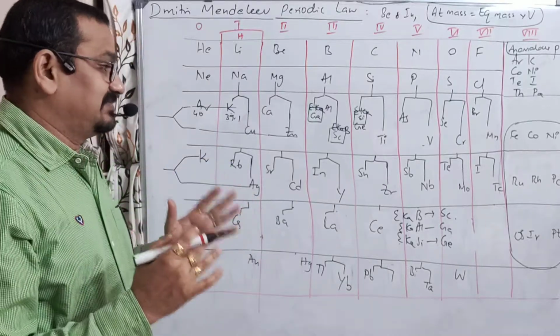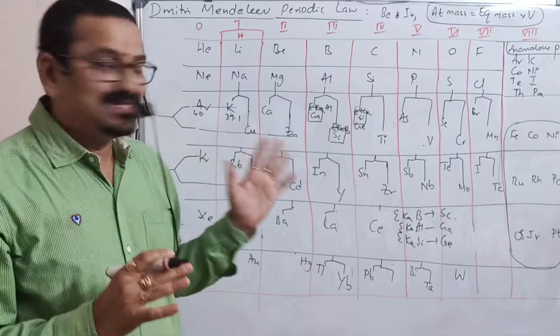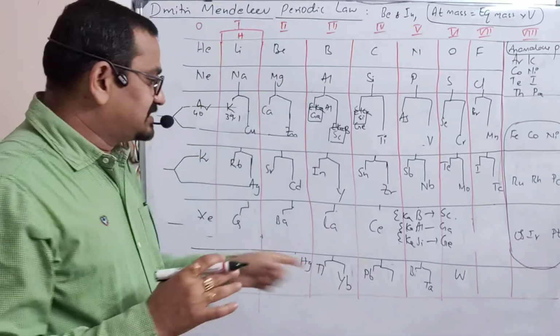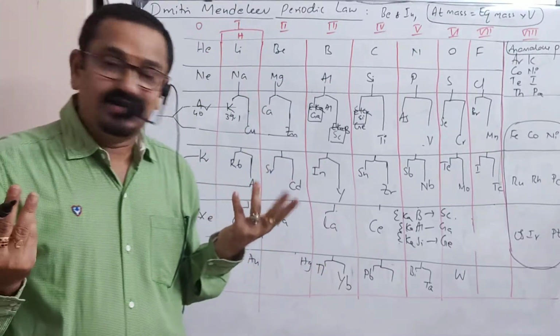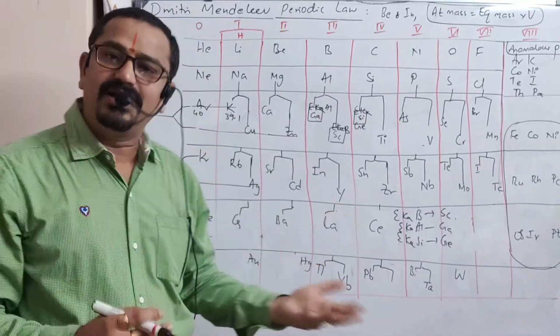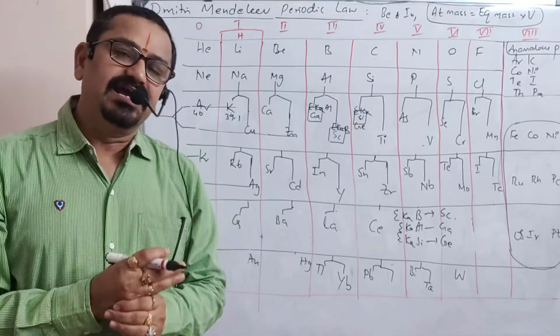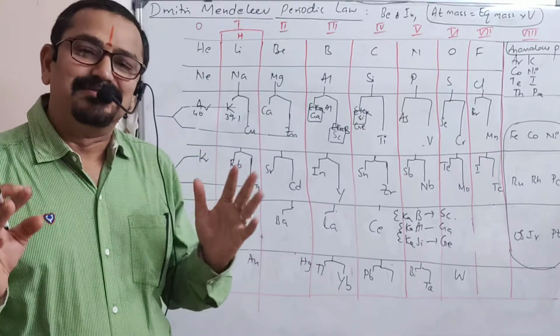At the same time, what happened? See, the point to be noted here is, till this time, atomic number was not known. That's why they all had followed atomic mass as a criterion. At the same time, Moseley discovered atomic number.